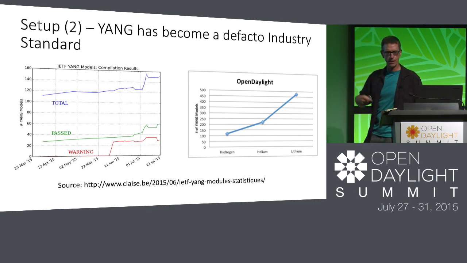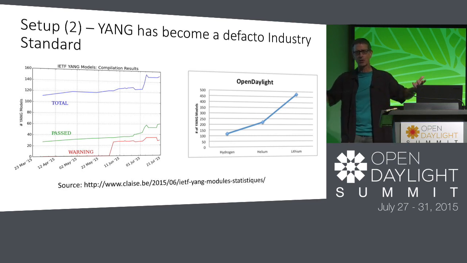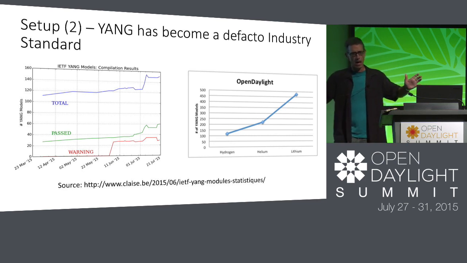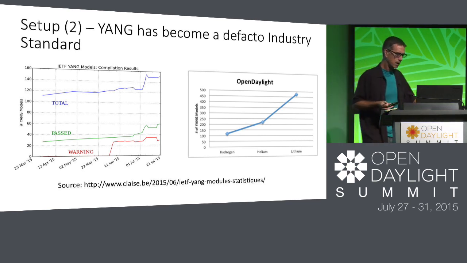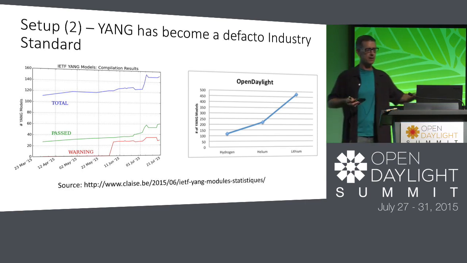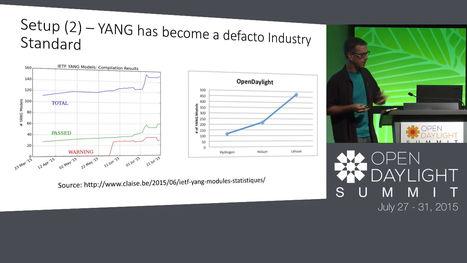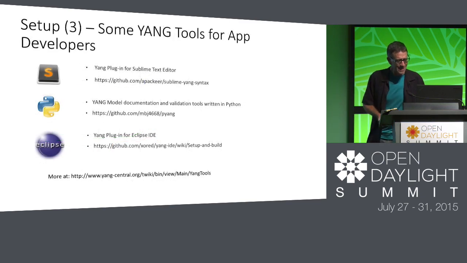Obviously, we also see a growth in the number of Yang models between the different releases of OpenDaylight. It's here to stay, right? SNMP MIBs, that's over. We're done with that. It's a very powerful tool. You can do quite a number of conversions between different data object formats, and Daniel will take us through some of those as well.